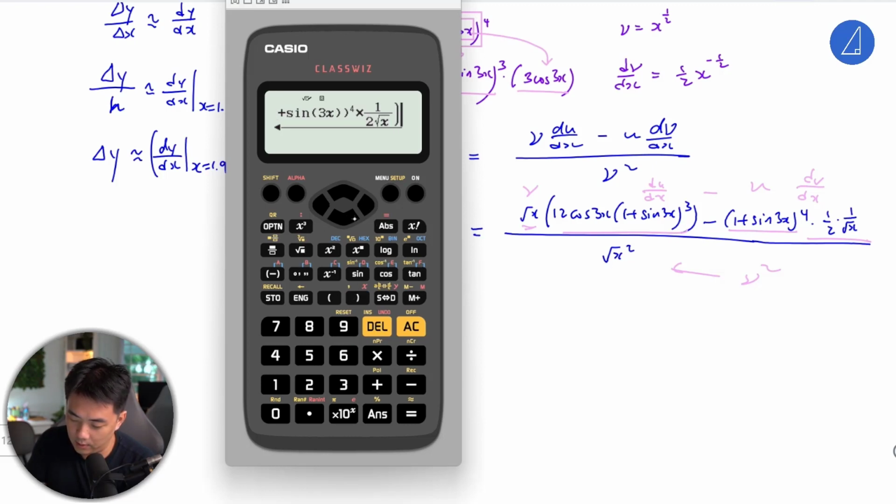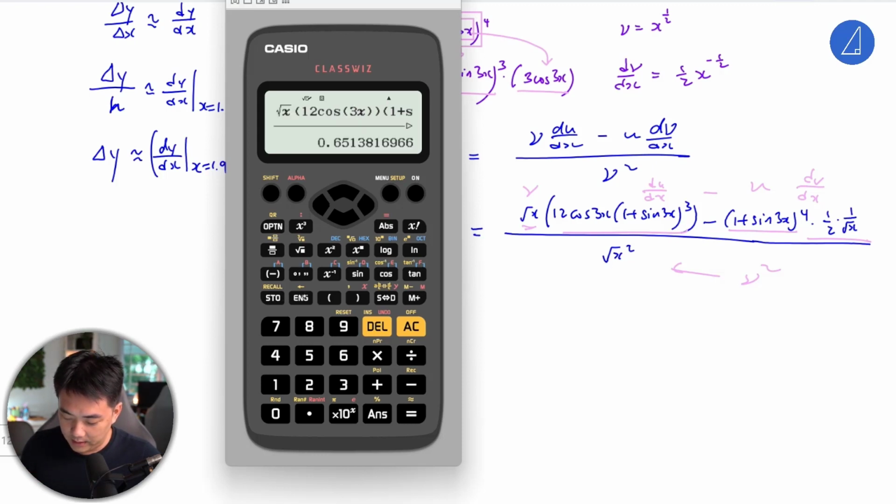Then the bottom will just be x. Check your syntax error. I don't really know what my syntax error was just now, so I just key in everything again. Then press enter.